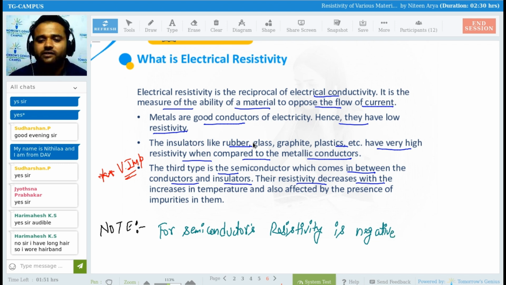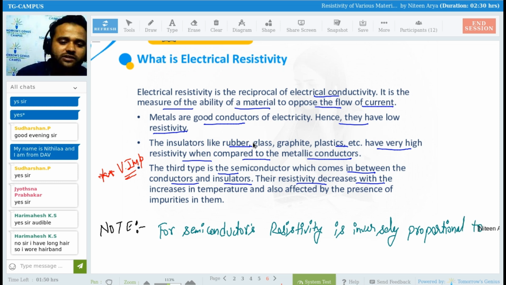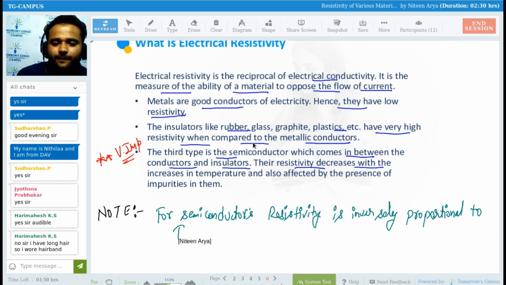What I'm writing for semiconductors: resistivity is not negative, but inversely proportional to temperature. Inversely proportional to temperature. What is the meaning of saying that?